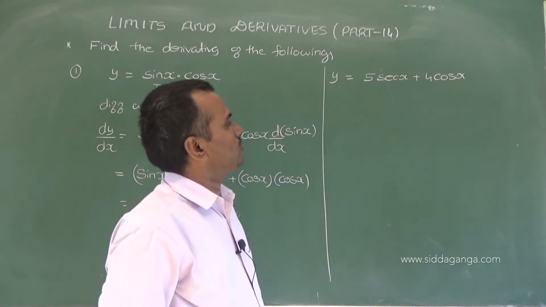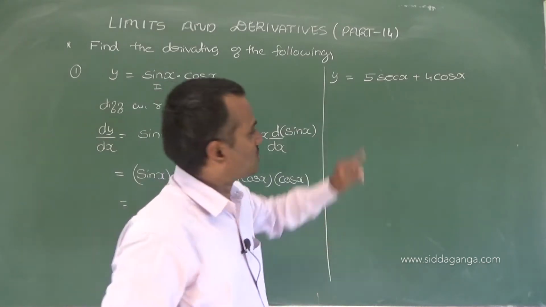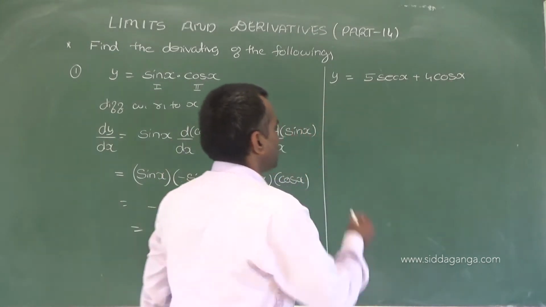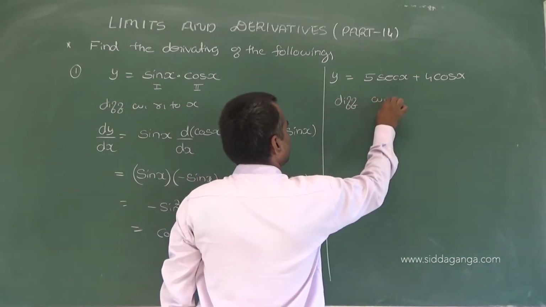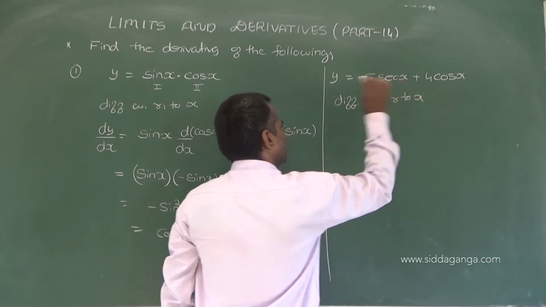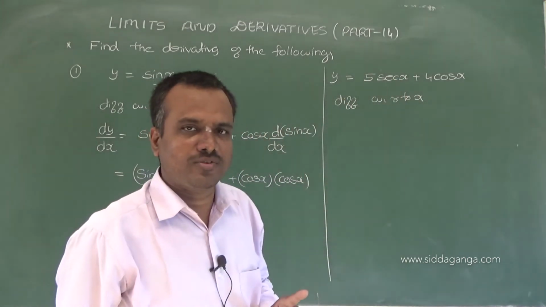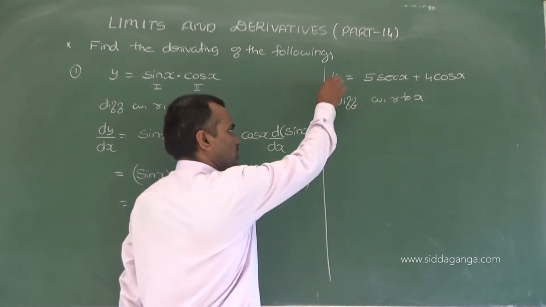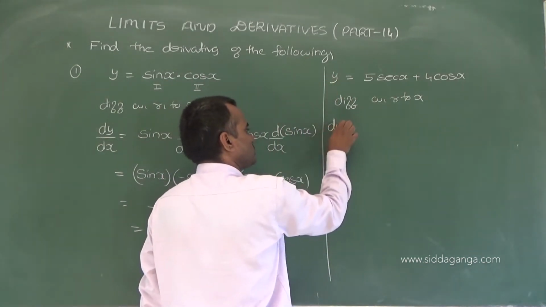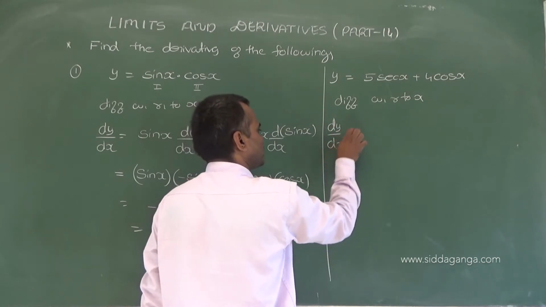So y is equal to 5 secant x plus 4 cos x, constant into function. Differentiate with respect to x. This is very important, you must write this, differentiate with respect to x, because the function is with respect to x. So y with respect to x, dy by dx.